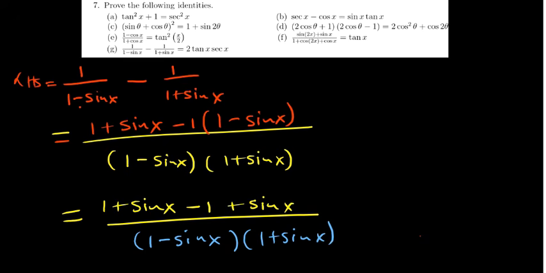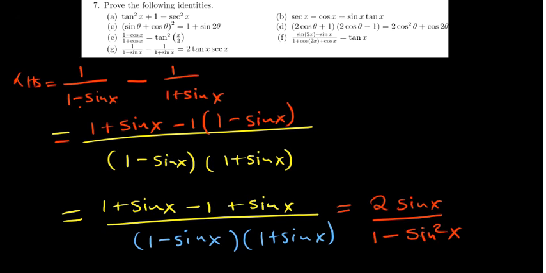Okay, so at this point, what do you think we can do? If you look at what we have, for the top part, 1 minus 1 can subtract. Sine x plus sine x will be 2 sine of x. And then the denominator, we have a difference of 2 squares. So that's the same as 1 minus sine squared of x.